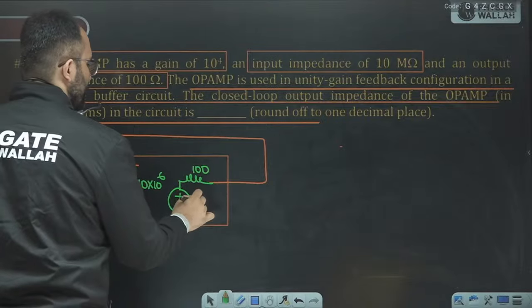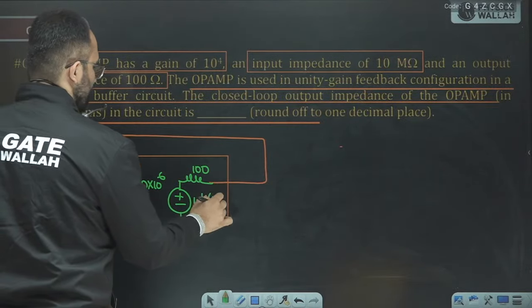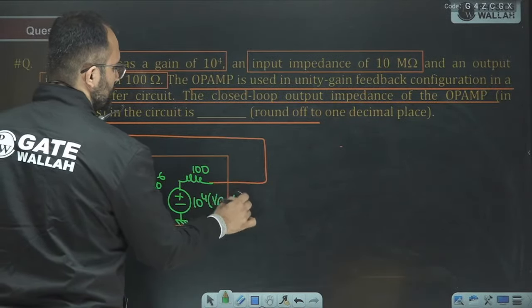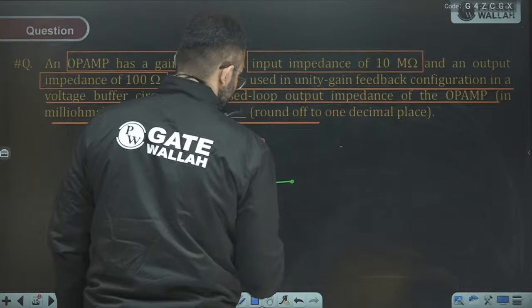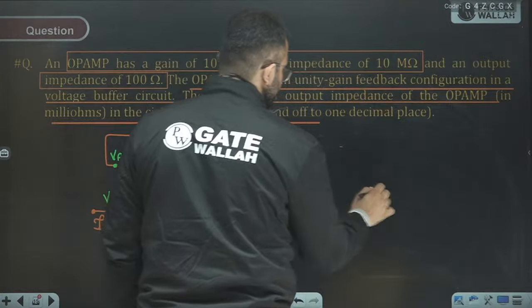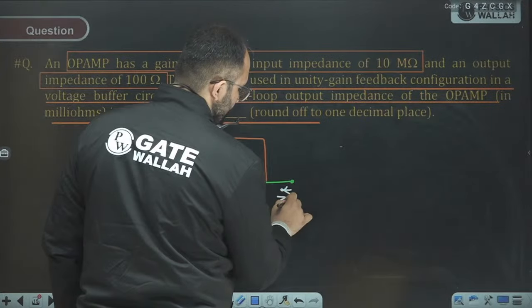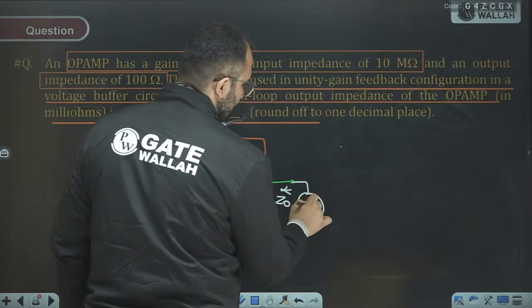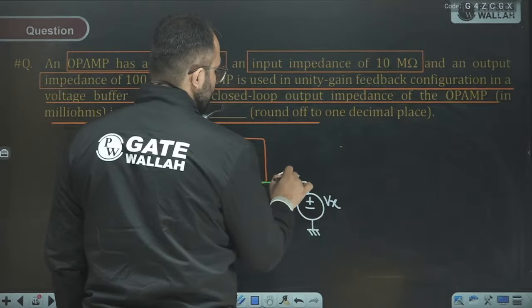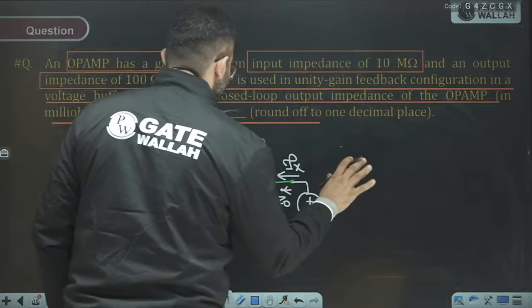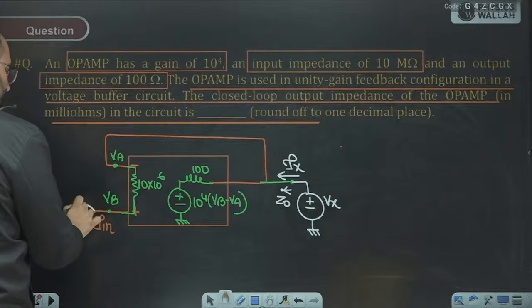So it is 10 to power 4 times VB minus VA. Okay. And this is the output terminal. Now we have to find out the output impedance. So we apply a voltage Vx and assume that the current is Ix, and obviously we remove all the other sources.